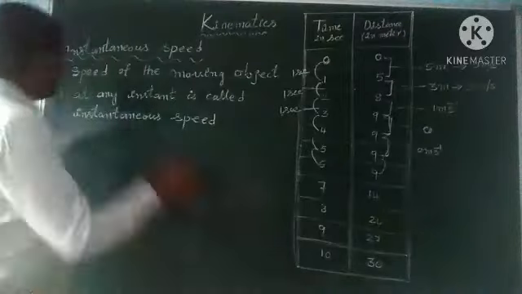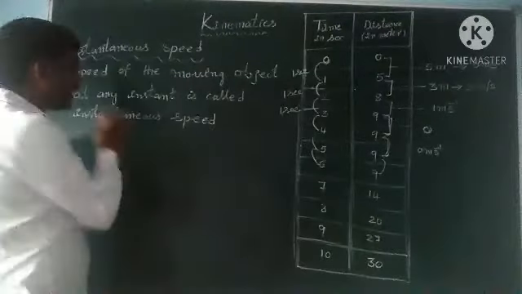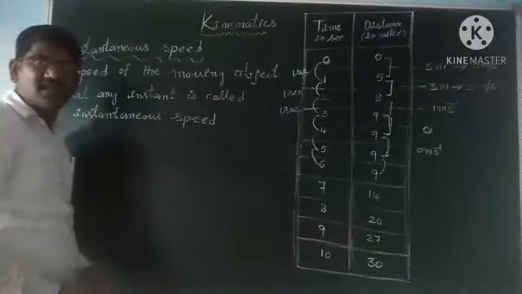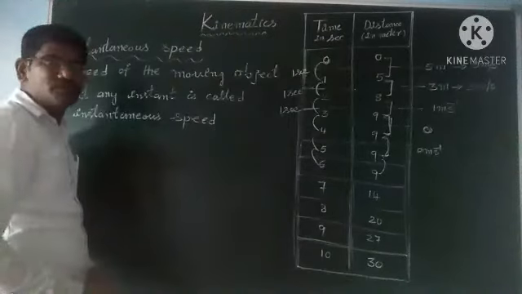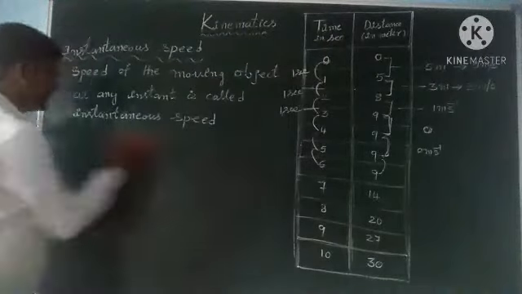So the speed of the moving object at any instant is called instantaneous speed.